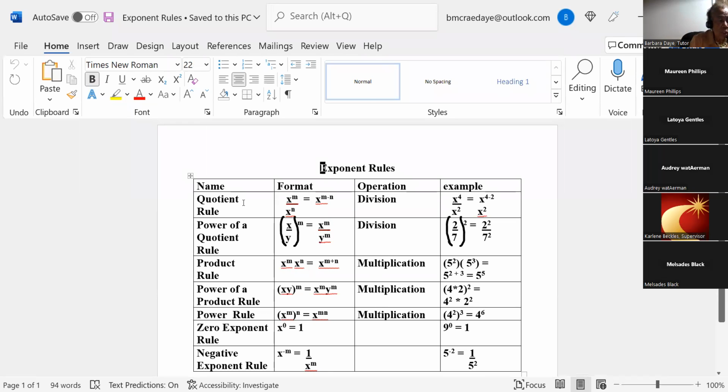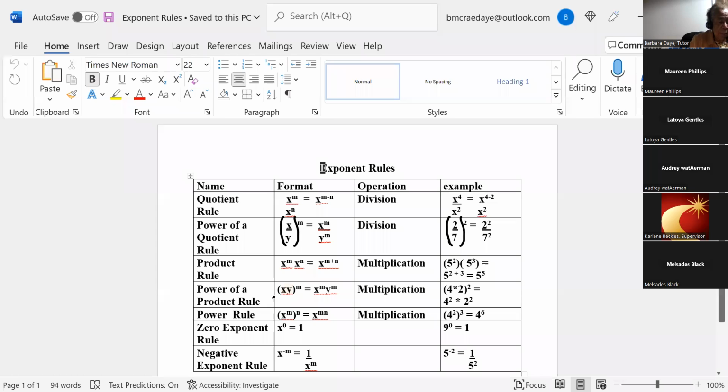When the quotient is division, you subtract the exponents. With the product, you multiply and you add the exponents. If you have a quotient raised to a power, you put the numerator to a power over the denominator to a power. If you have a product raised to a power, you raise everything within the parentheses to a power.